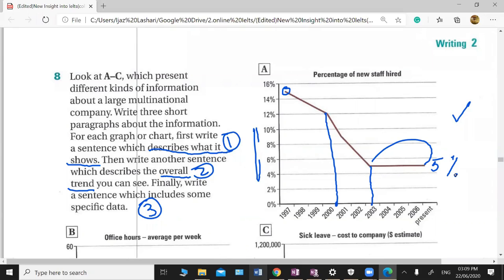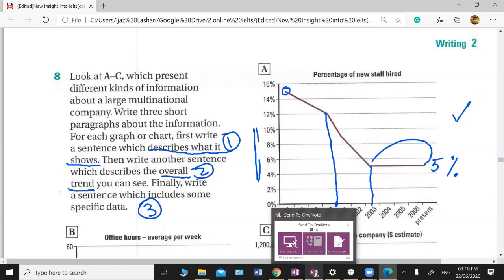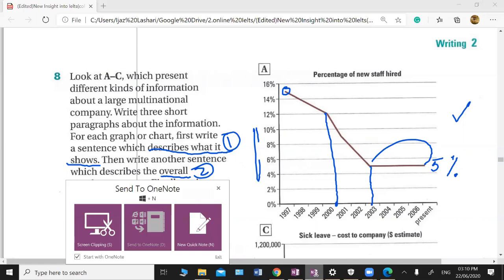Number 3, you write a sentence with some specific information from a certain time period to another. It's increasing, decreasing, falling, something like that. Okay, so we can go back and write these sentences now.